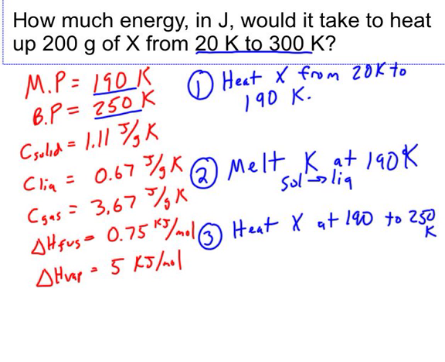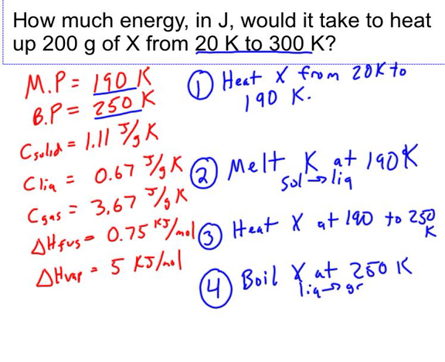Let's see where this is going. After that, now I have to boil this. So step 4 is going to be to boil substance X at a constant 250 Kelvin. That's going from a liquid to a gas.